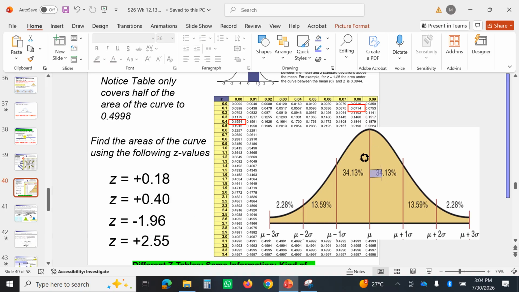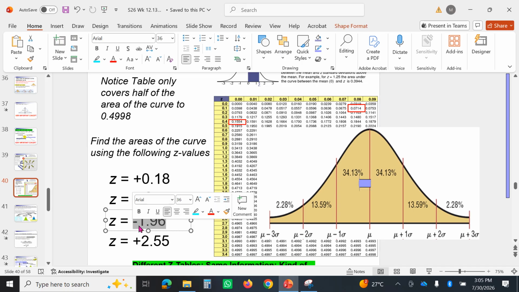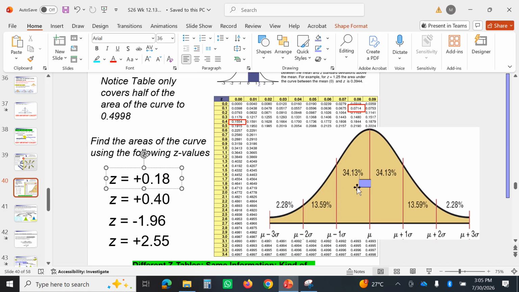So in this case here, let's flip this, and straighten it out if I can. So 1.96. So that is almost 2 standard deviations to the left side. So where are we here? So we're about there.